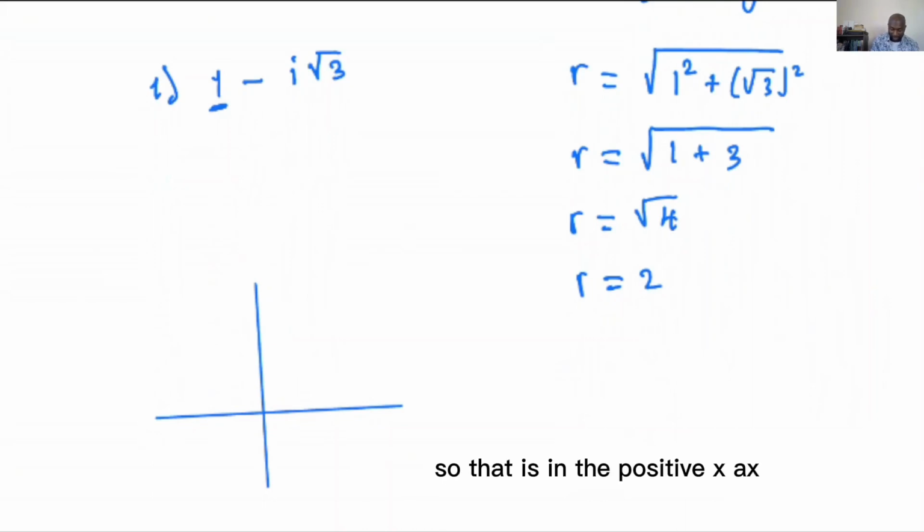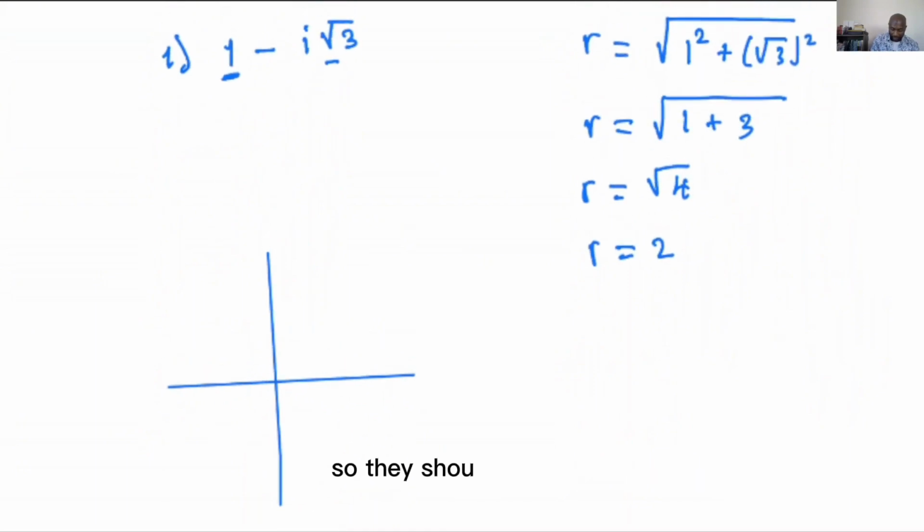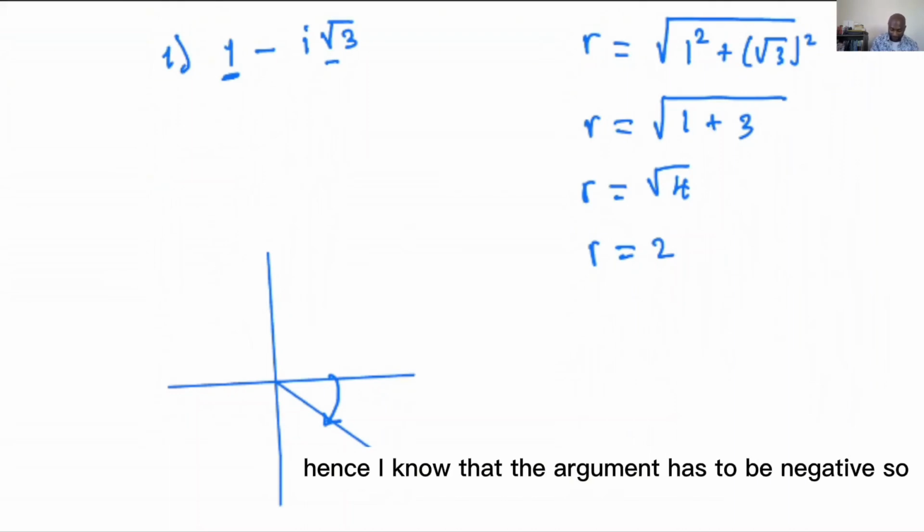So that is on the positive x-axis. The imaginary part is negative root 3. So this should be in the 4th quadrant, right here. So our rotation has to be clockwise. Hence, I know that the argument has to be negative.